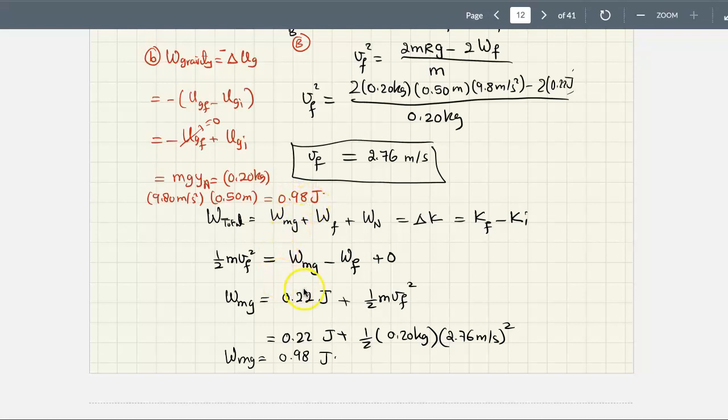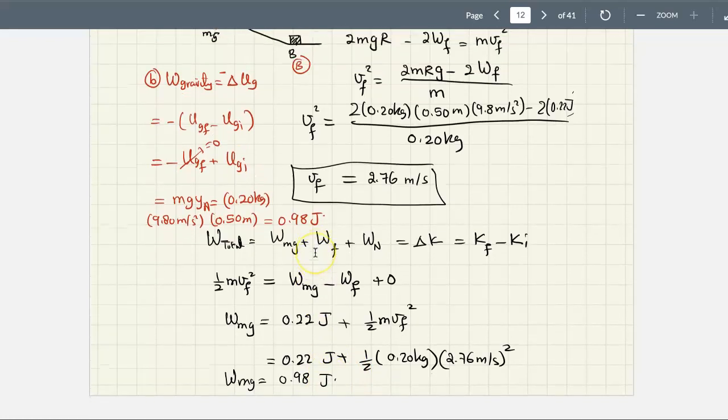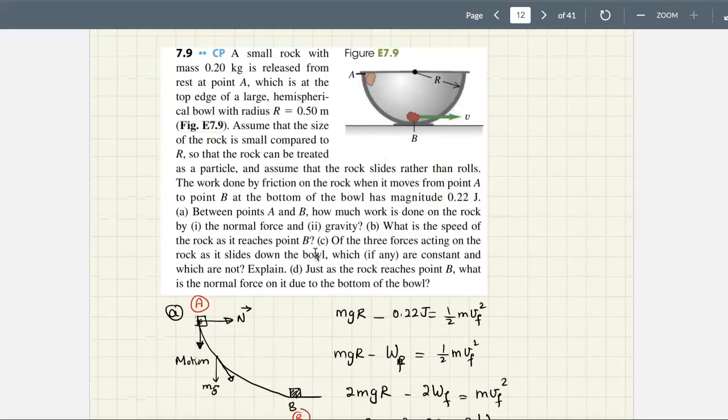Now I can say the work done by mg is going to be the work done by friction plus the kinetic energy, and from that it is again 0.98. I can do this using the two methods. This is like answering B.